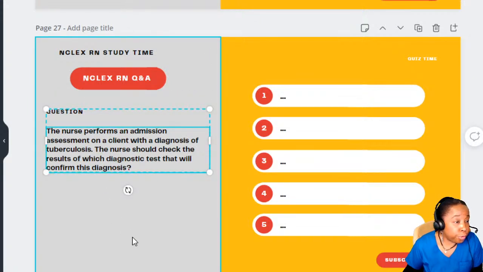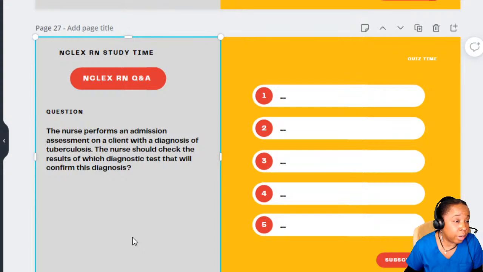Okay, the nurse performs an admission assessment on a client with a diagnosis of tuberculosis. The nurse should check the result of which diagnostic test that will confirm this diagnosis.